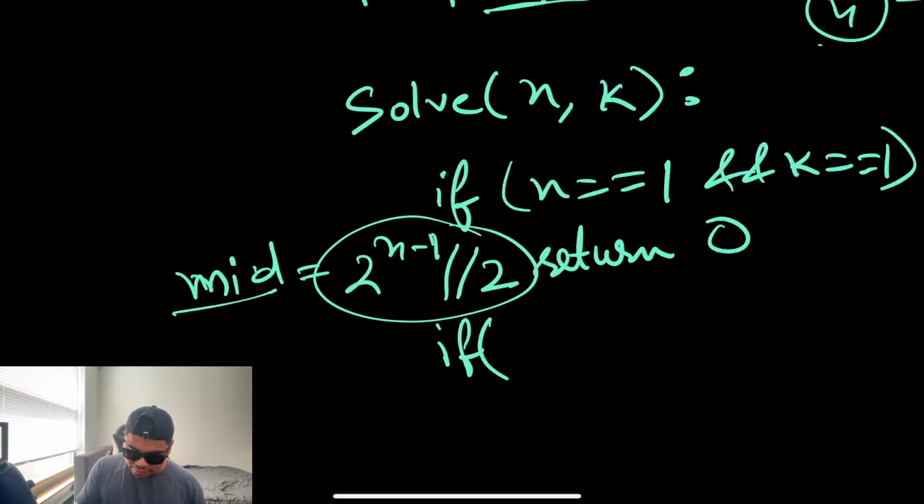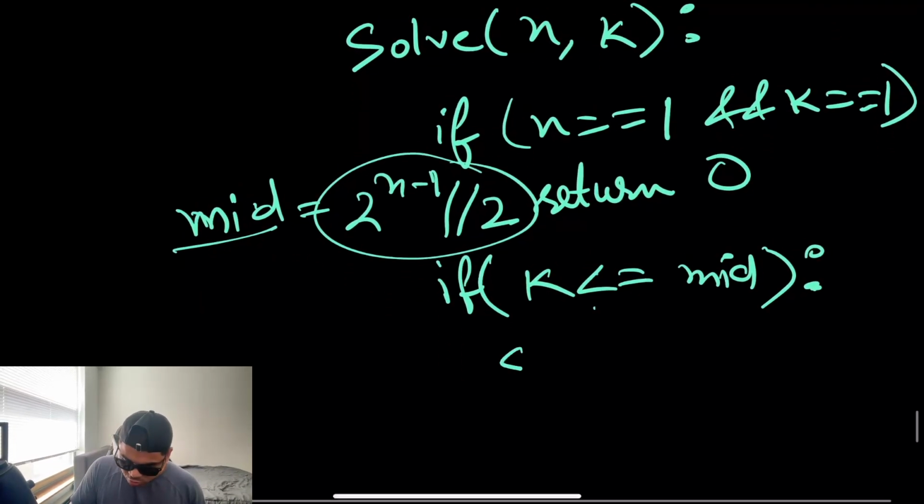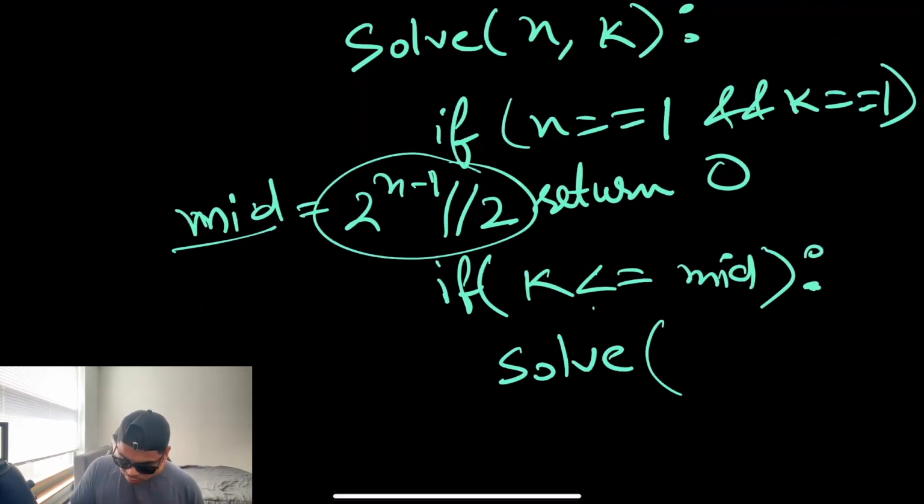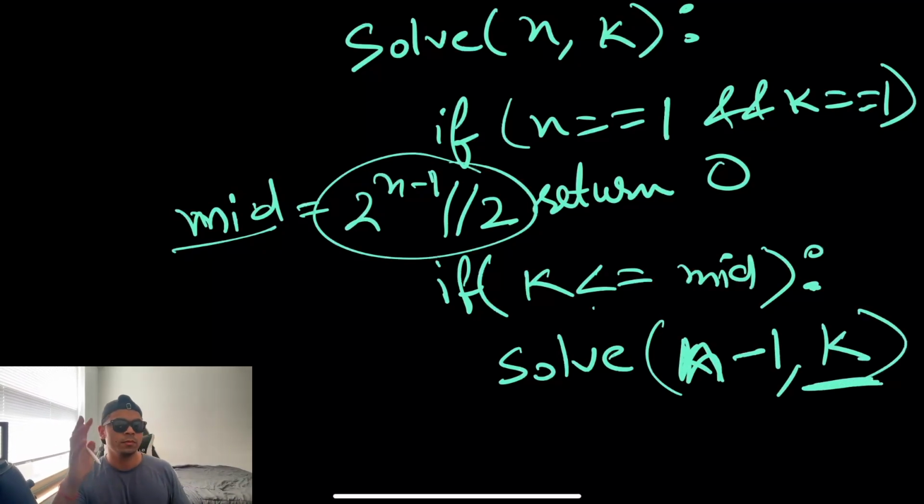So this mid, if k is less than or equal to mid, then I will return solve n minus 1 and k, because this will lie in the first half, right?